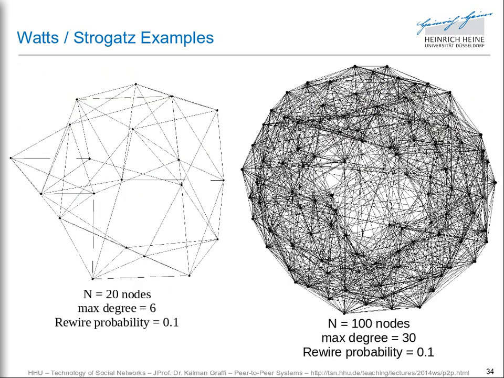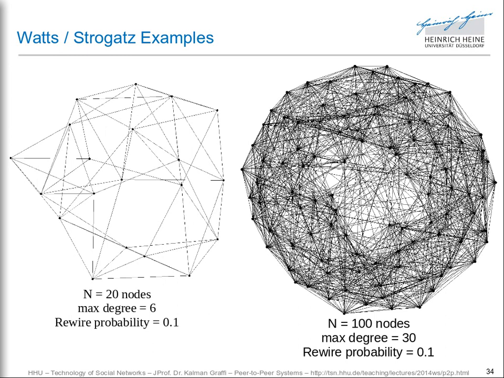Okay, here we have some examples of Watts-Strogatz graphs. On the left side, we have 20 nodes with a maximum degree of 6, so we have 6 neighbors at maximum, and we have a rewire probability of 10%.